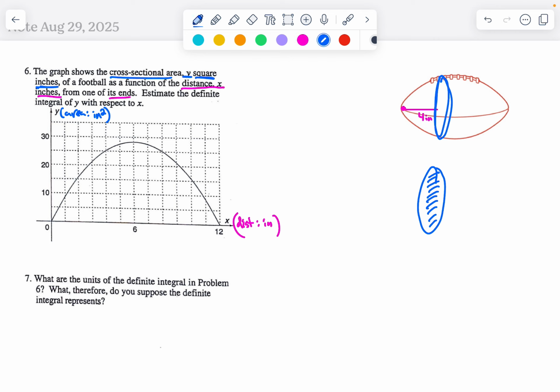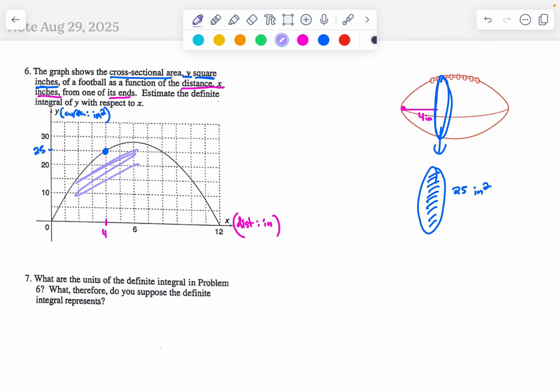So if I say here is 1, 2, 3, 4 inches, and I cut that cross-section, then the cross-sectional area here looks to be 25 inches squared, or square inches.